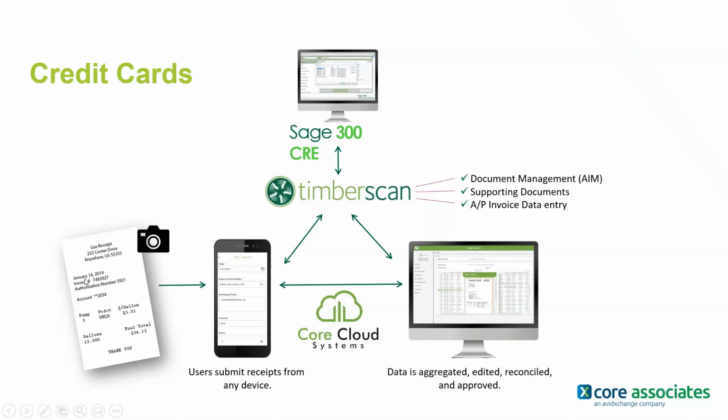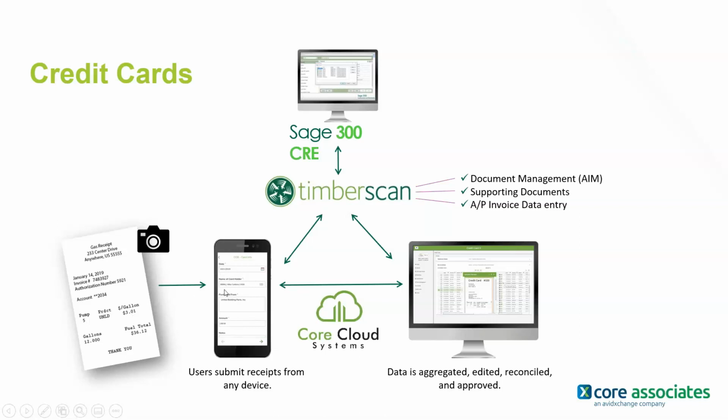So here's a workflow depiction of the credit card solution. Things are going to start at the point where that purchase has been made and a receipt has been derived. What the person who's made that purchase can do is open up their credit card app on their phone.